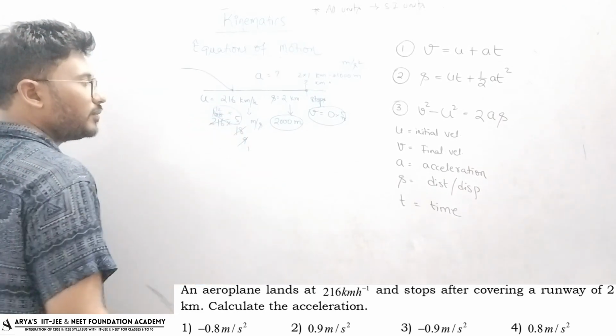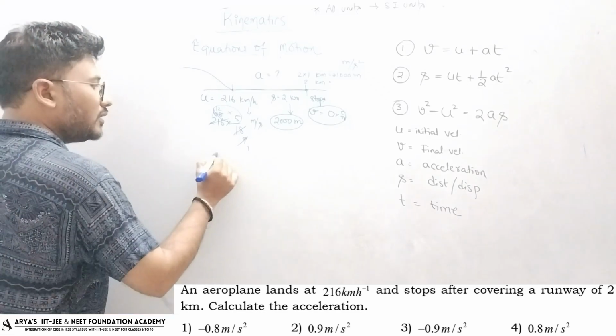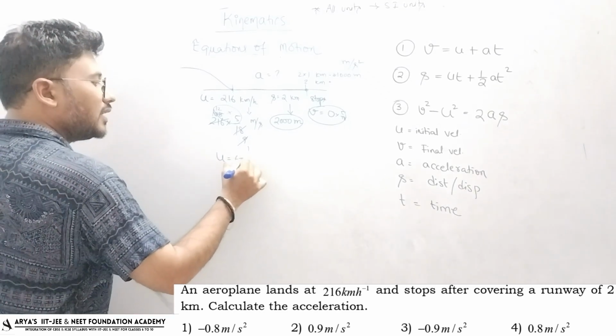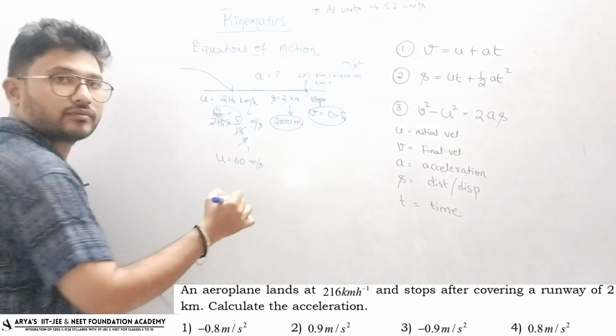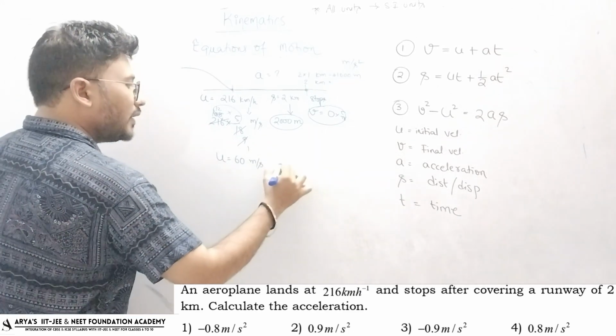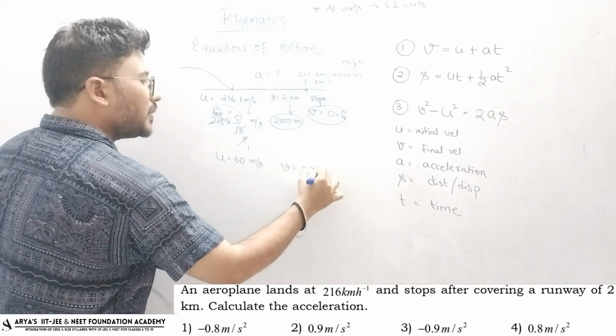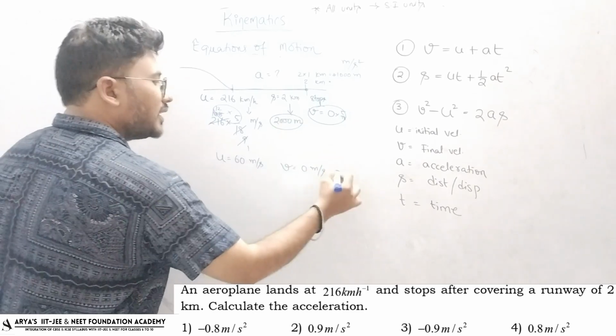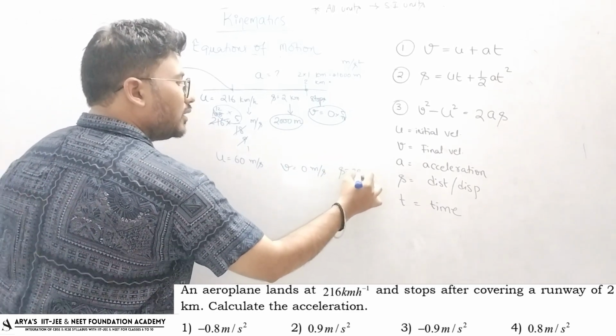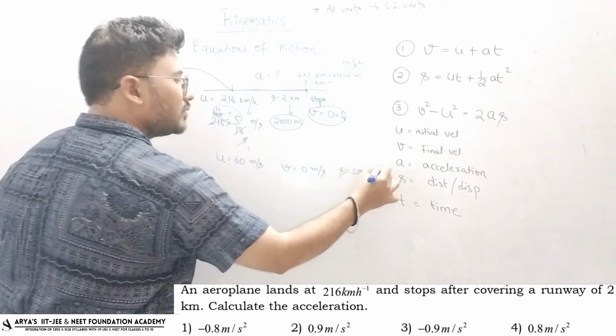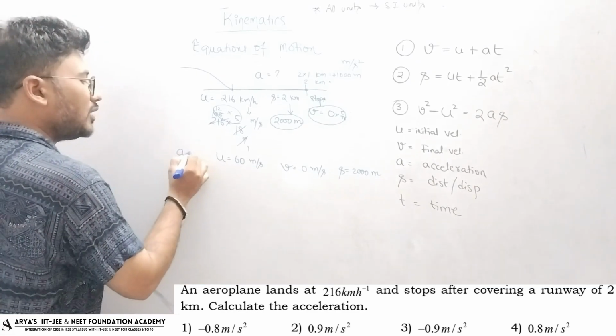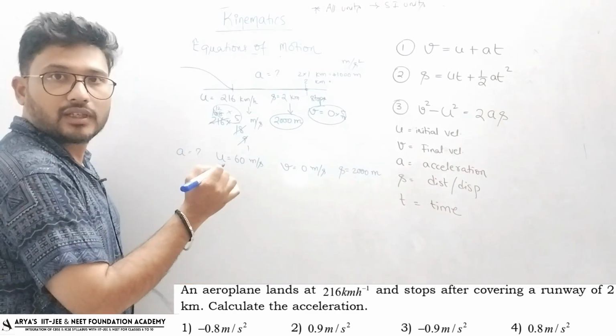What is 12 into 5? 60. So we got u value as 60 meter per second, v value as 0 meter per second, s value as 2000 meters. Now we have to find the a value. a is equal to question mark. How to find?